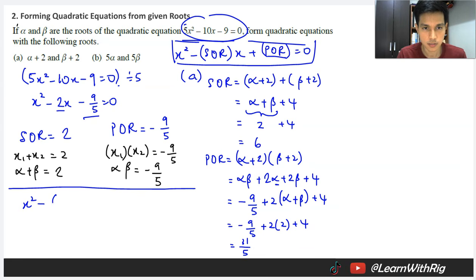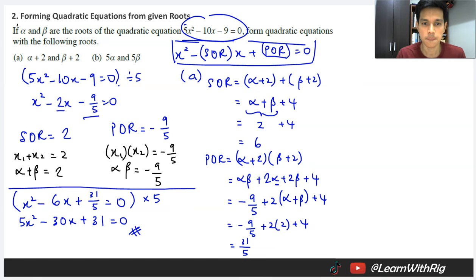SOR is 6x plus POR is 31 over 5 equals 0. Now you've got a fraction here, correct? To eliminate the fraction, you just multiply the whole thing by 5. So you get 5x squared minus 30x plus 31 equals 0. So this is your answer.